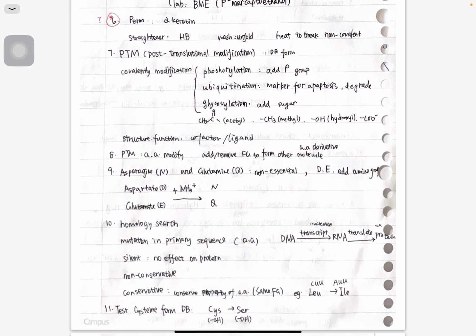Ubiquitination means it is a marker for degradation. And glycosylation means you add a sugar. And there are other types of little functional groups added on them, such as acetyl, methyl, hydroxyl, or carboxylic acid.